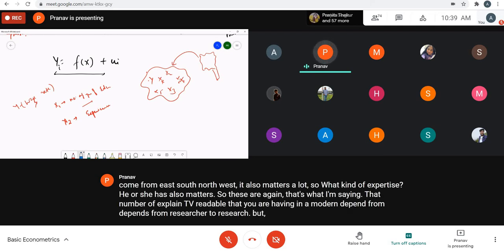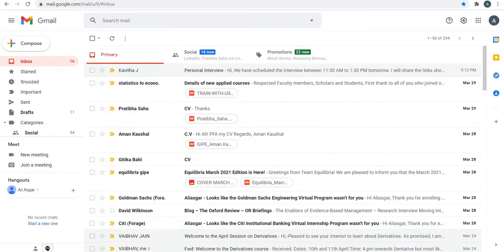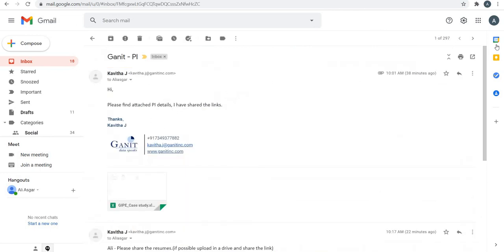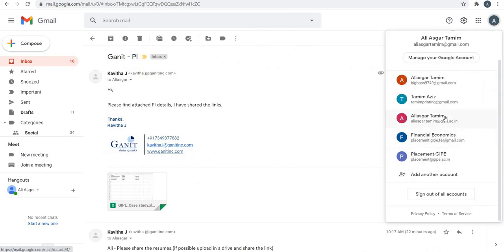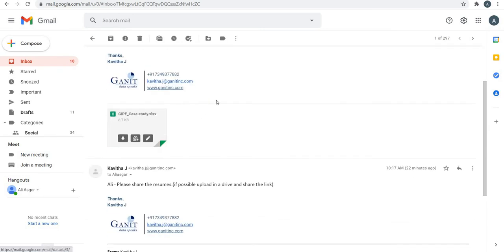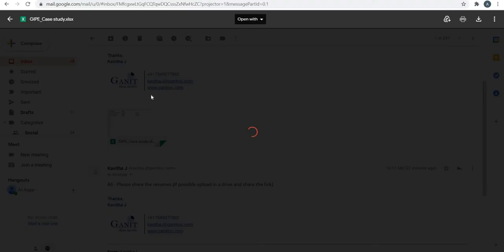But my research says that only these are the two variables which I should explicitly include in the model. And I'm not saying that these are the only two variables which have a certain effect on the Y. There are other variables as well, but explicitly such variables need not be included in the model.